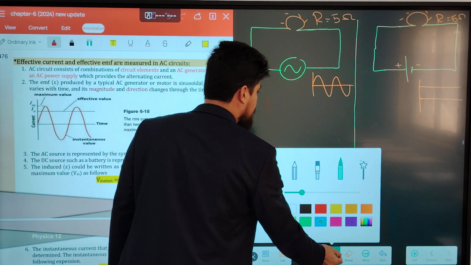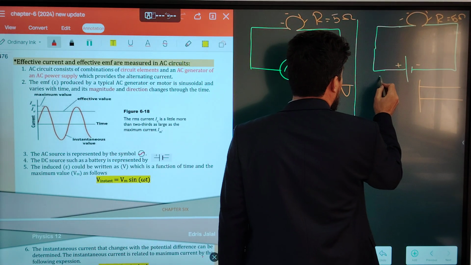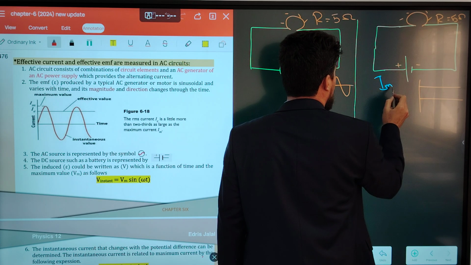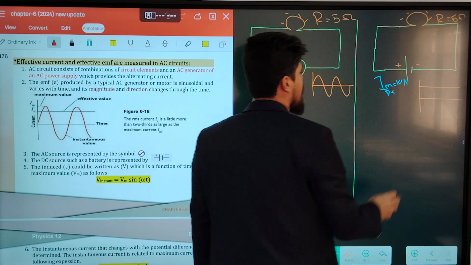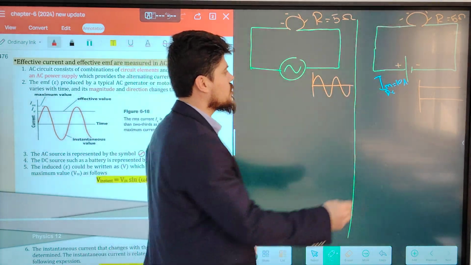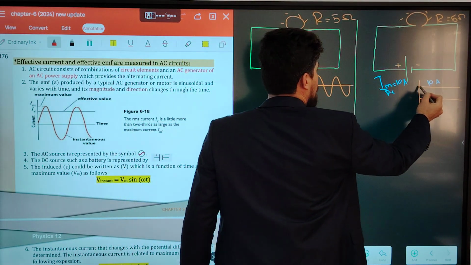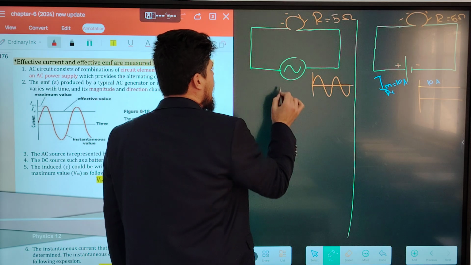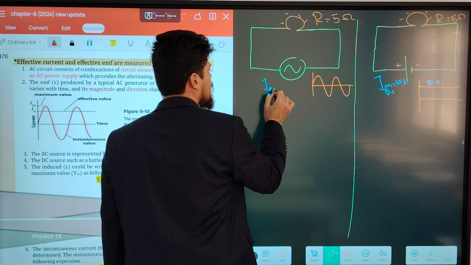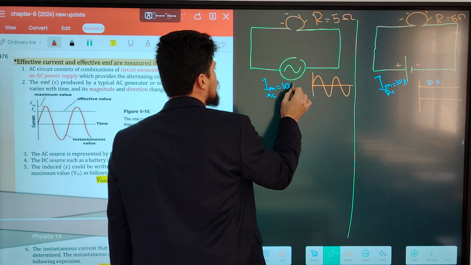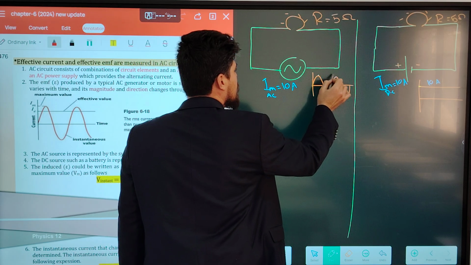Assume that the maximum current in DC is 10 ampere. And the maximum current in AC is also 10 ampere, which is this point.